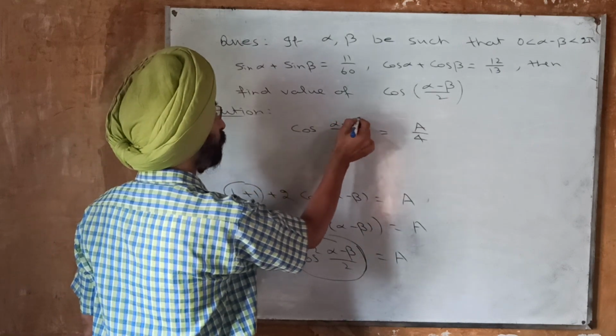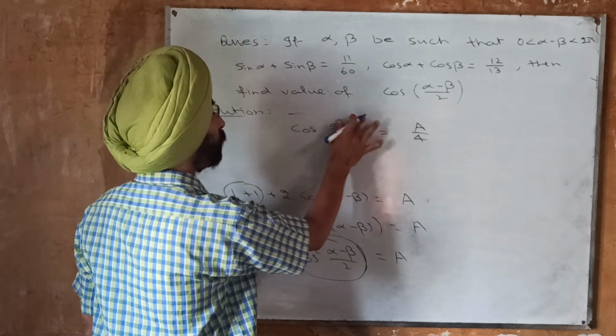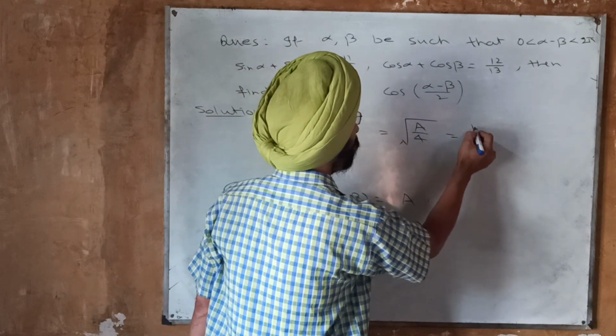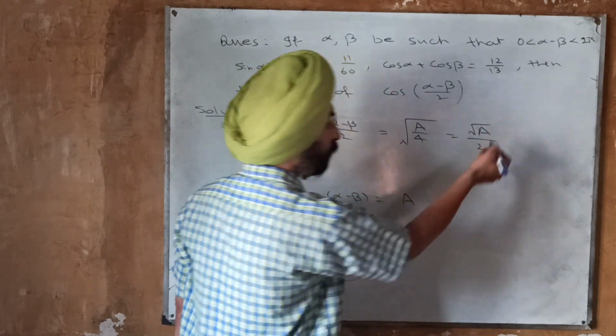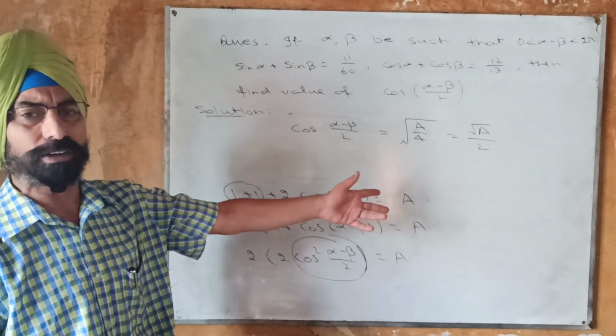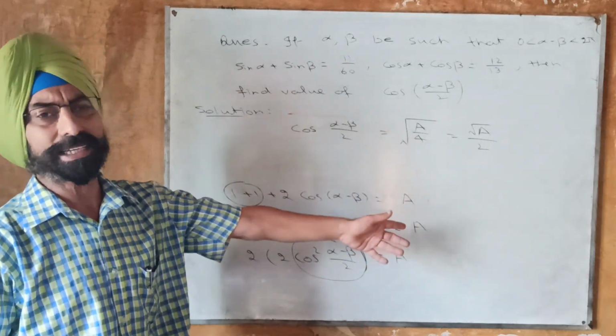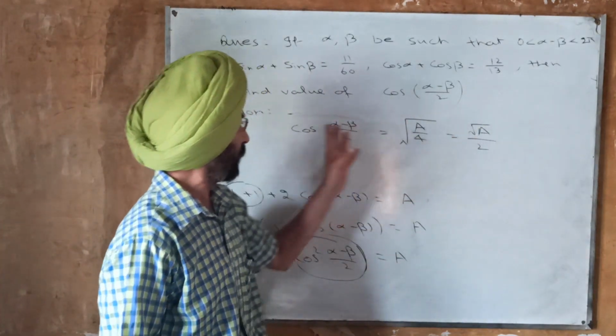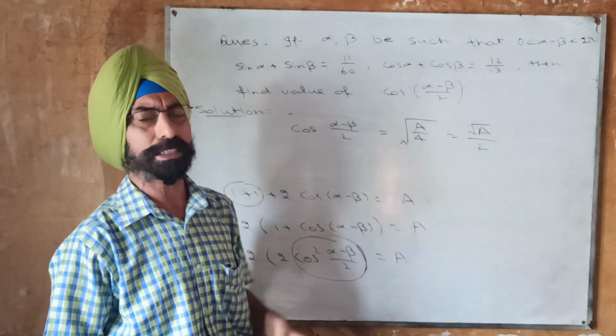So positive square root, the square will be cancelled. On the other side, you will get under the root A upon 2. And whatever the numerical value of A you have obtained by adding (11 by 60) whole square plus (12 by 13) whole square, you will get the value of cos of (alpha minus beta) by 2.